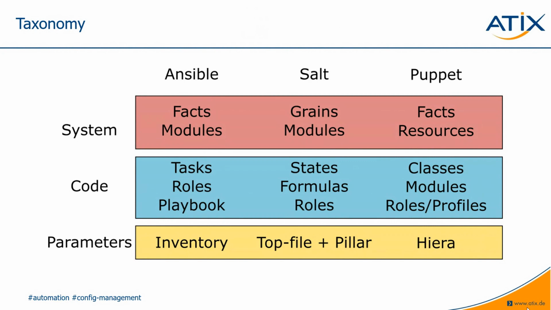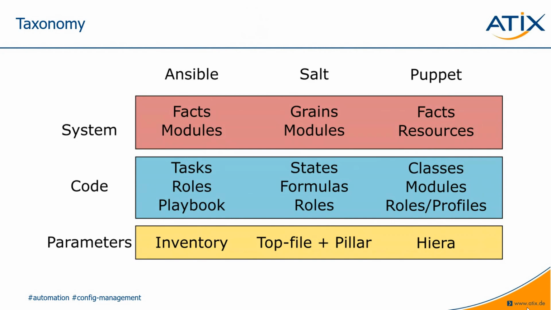So the inventory describes all your systems. In SaltStack, you have something called states, and a state is not exactly the same as a task in Ansible. It's something more similar to a role, or rather a state already consists of multiple tasks.